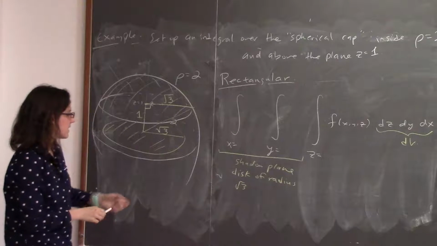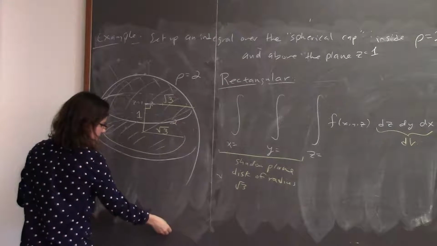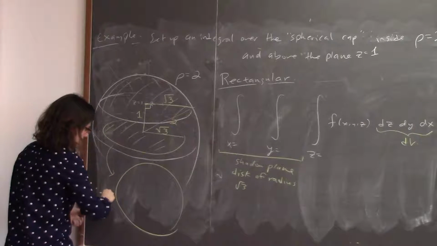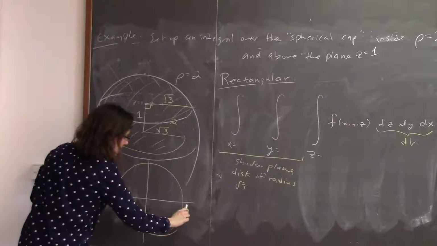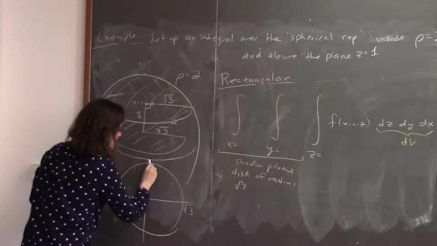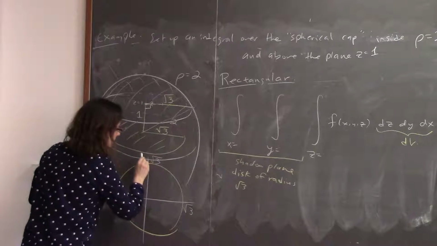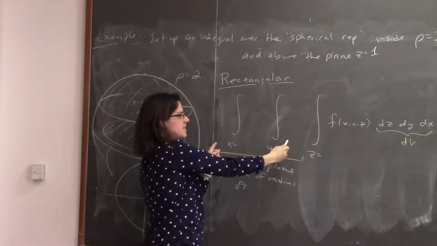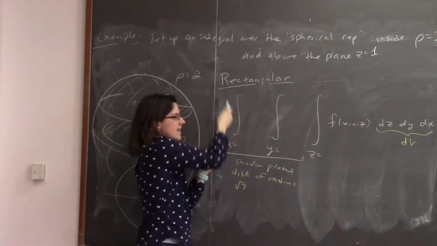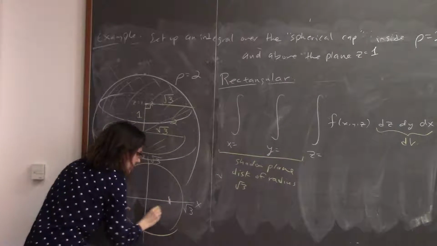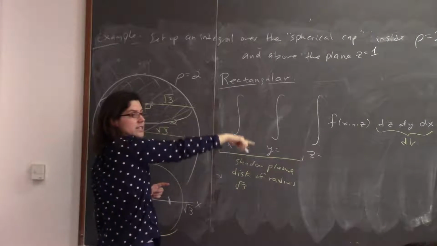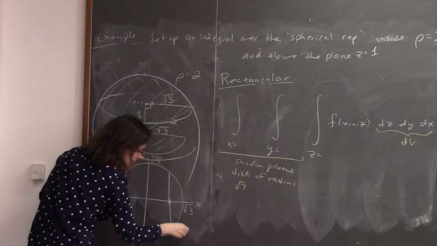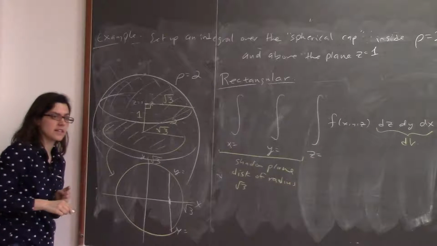OK, so let's set this up. I'll pull out this shadow region. Here, x goes all the way to square root of 3, and y goes all the way to square root of 3. And if we're setting it up in this order, the dy dx order, it means we fix an x. There's my x. And we see which y's we want. So we go from y equals the bottom value here up to y equals the top value here.